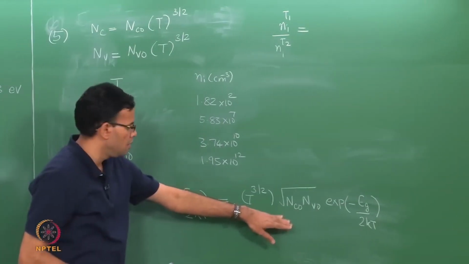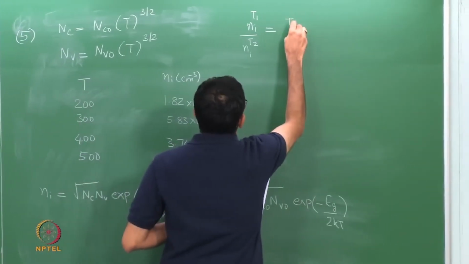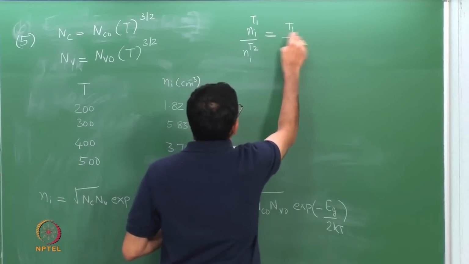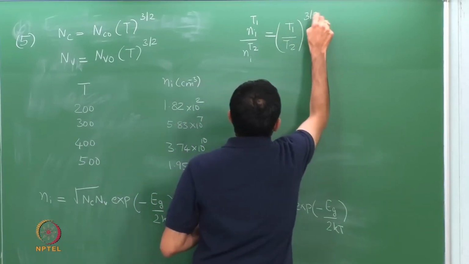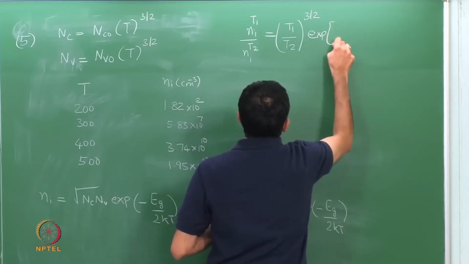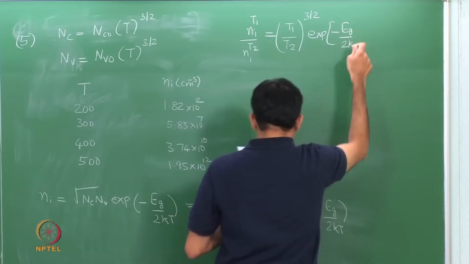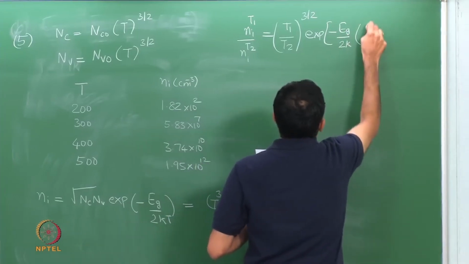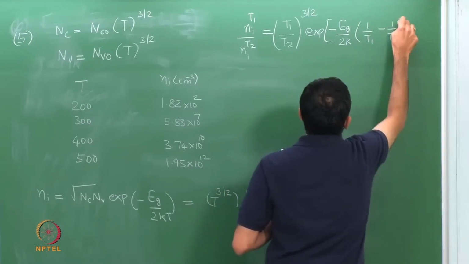This is a temperature independent term. So, this becomes T1 over T2 whole to the power 3 over 2 exponential minus Eg over 2k, 1 over T1 minus 1 over T2.